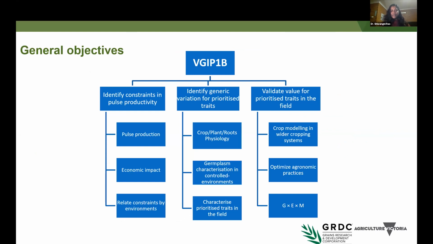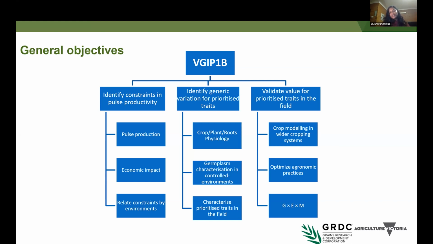The second part was, once we've identified all the constraints in the growing regions, what traits would be most applicable, or what traits would form the best ideotype for the best production. But unfortunately, there have been no screening studies done on lentils or peas from the Australian perspective. This is quite important because the Australian climate is a bit different from its counterparts.